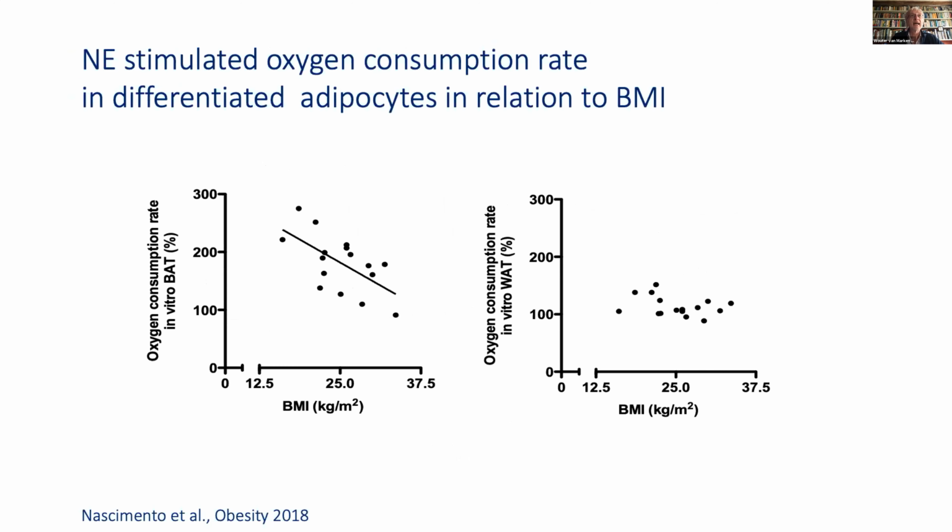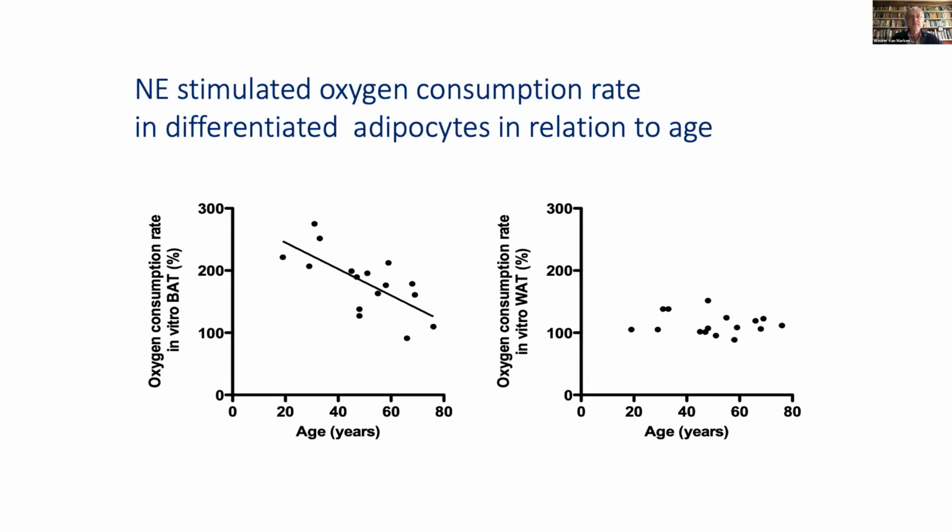Then we looked at the group that we studied, and we see that this oxygen consumption upon norepinephrine stimulation is negatively related to body mass index, and not so in white adipose tissue. It's only in the left graph with the brown. In the next graph you see the same is the case with age.